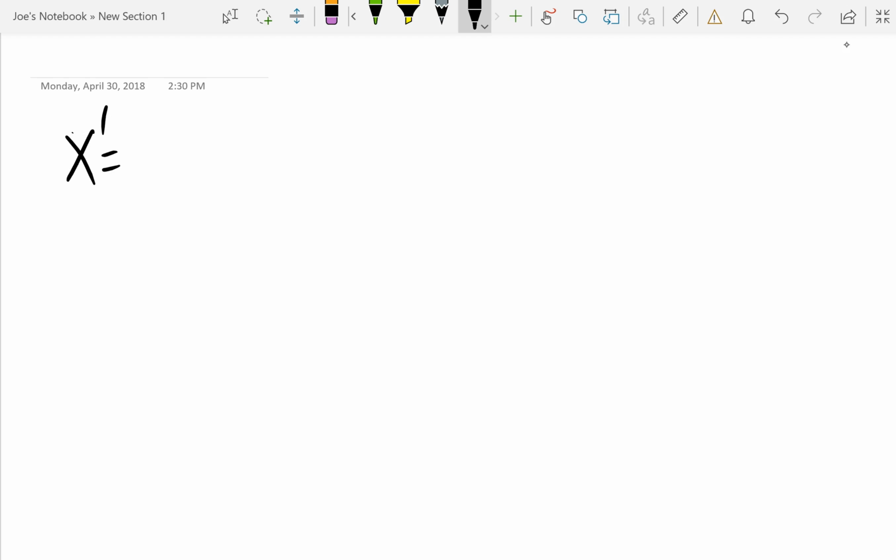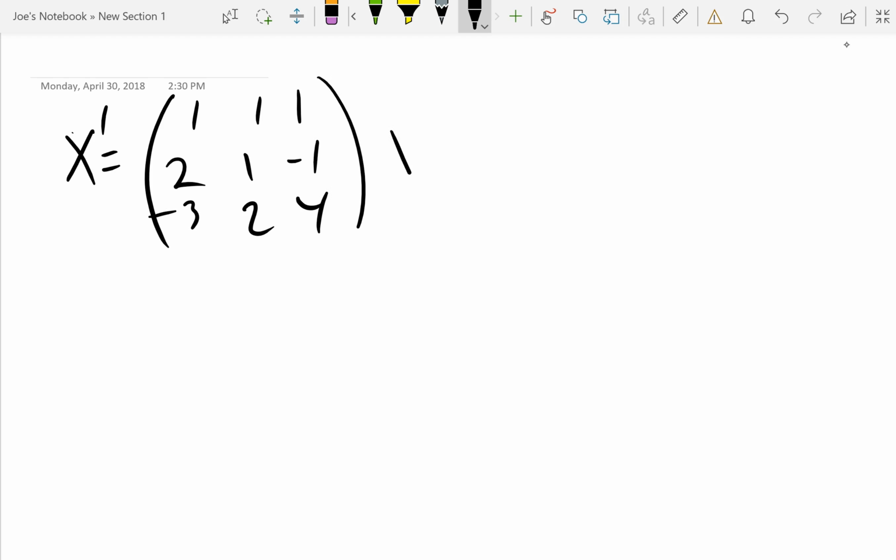So we're going to solve the system X prime equals the matrix 1, 1, 1, 2, 1, negative 1, negative 3, 2, 4, times x. So we've already got our system written in matrix form. So let's switch over to GeoGebra.